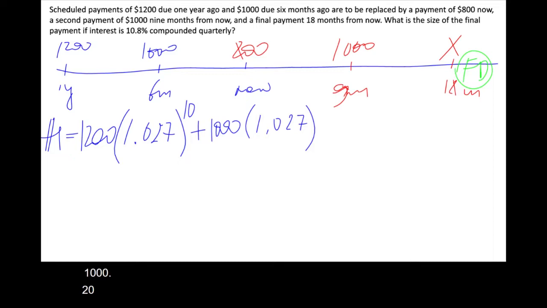And 18 plus 6, 24 months, that's exponent 8. Any questions regarding exponents, guys?